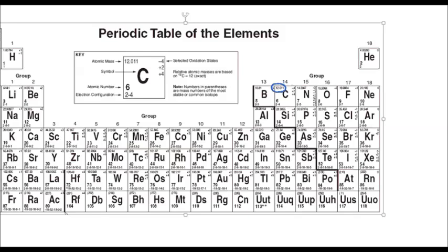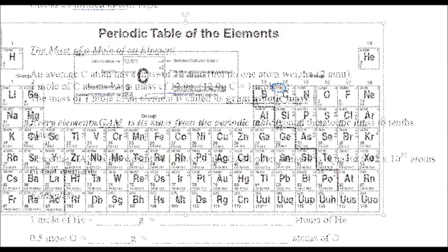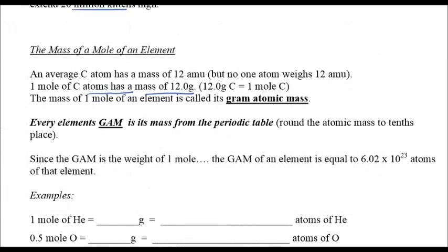So 1 mole of carbon weighs 12.0 grams. 1 mole of carbon will have 6.02 times 10 to the 23rd carbon atoms. That's a very important relationship. This is called its gram atomic mass.